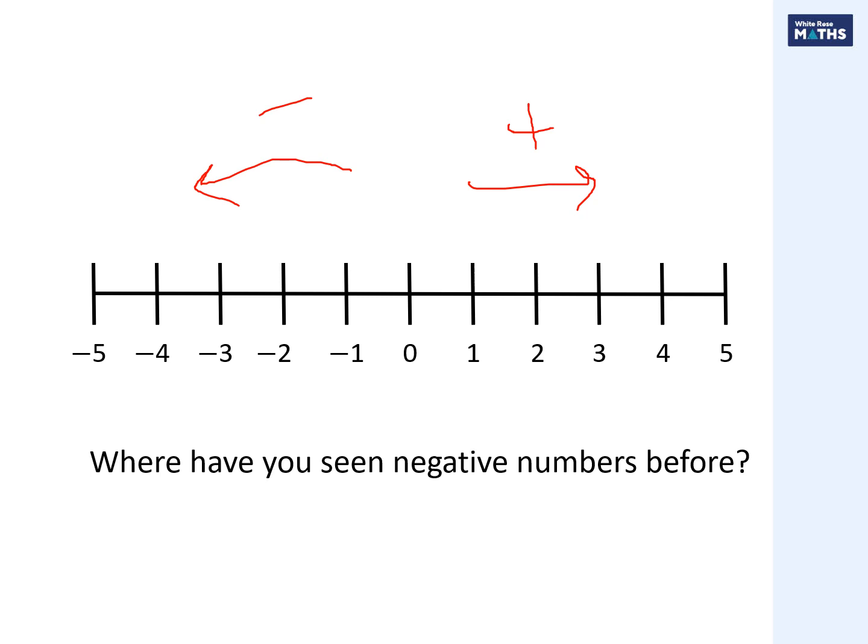If you're measuring heat temperature, you could also say bank statements, bank balances and credit cards. For example, if you spend more than what you have, you go overdrawn. So these are examples of real life negative numbers. Also, have a think. If you think of any more, then put it in the comments below.